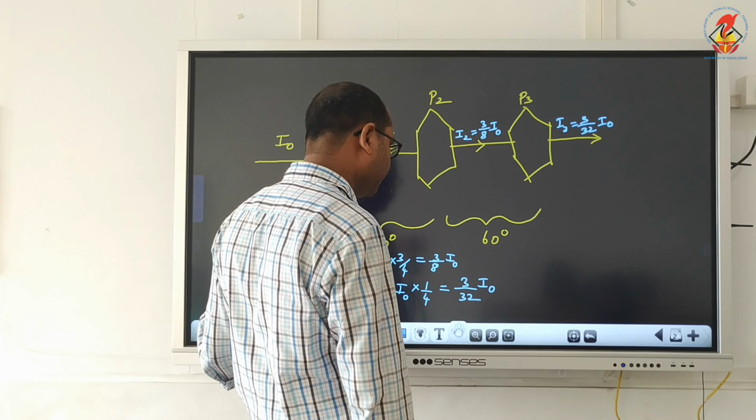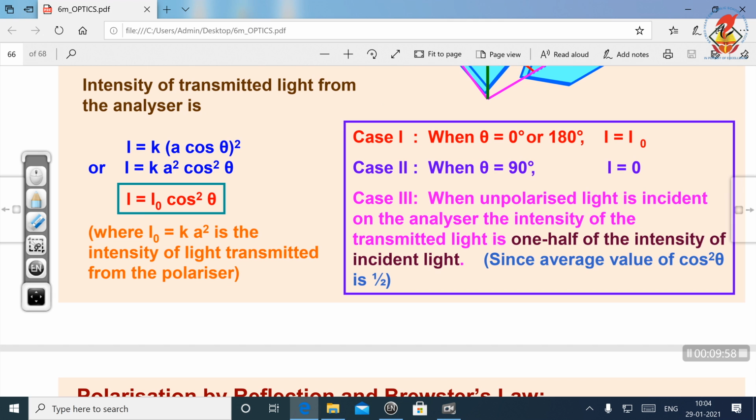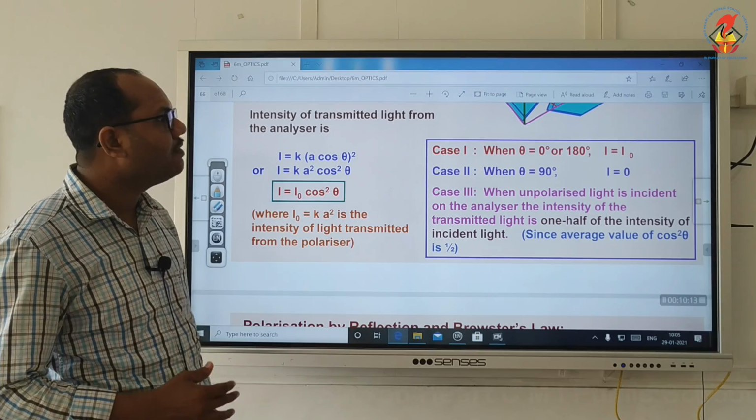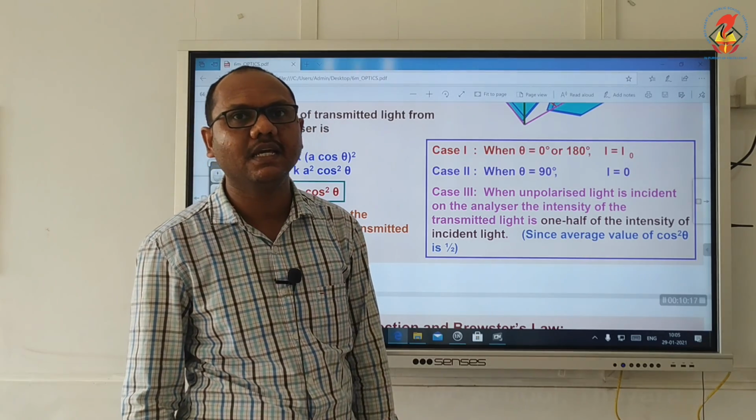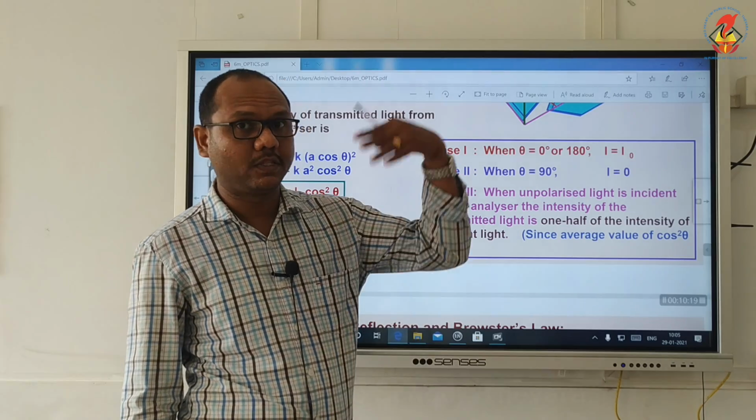Now, when the unpolarized light is incident on the analyzer, the intensity of the transmitted light is 1/2 of the intensity of the light. That is why we take I as I0 like that. Now, when will the emergent light be half of the intensity through the analyzer?